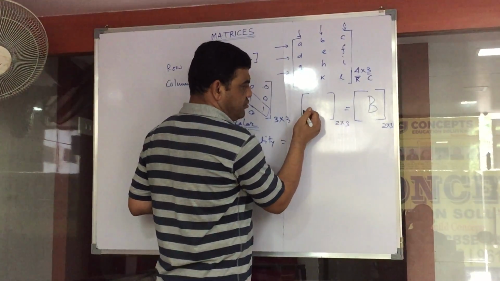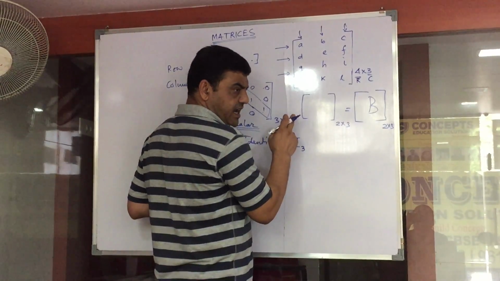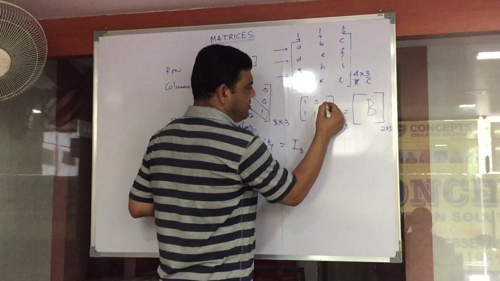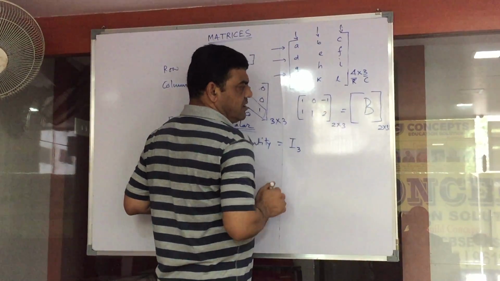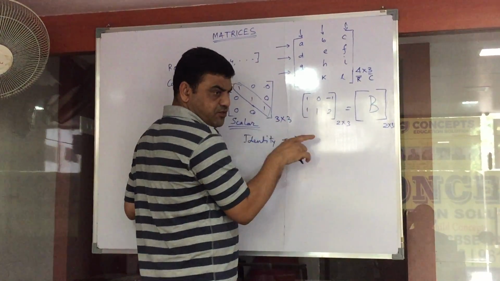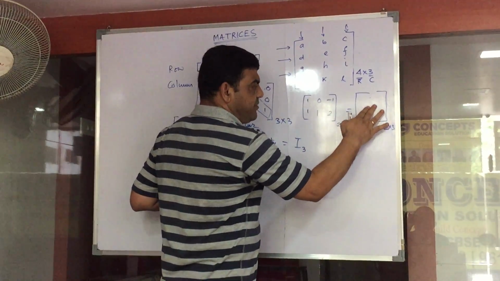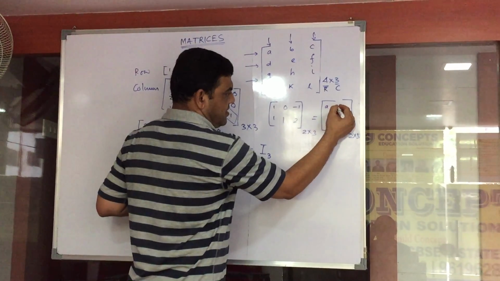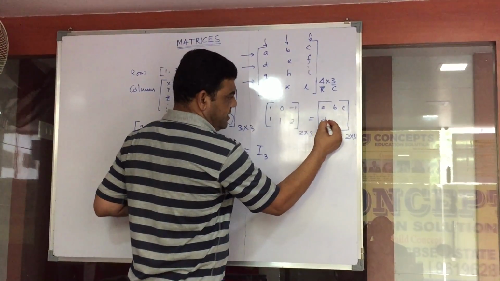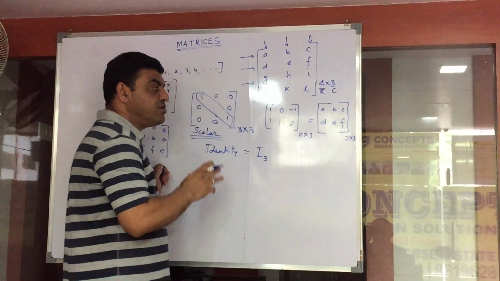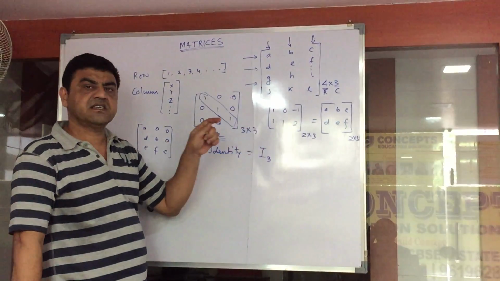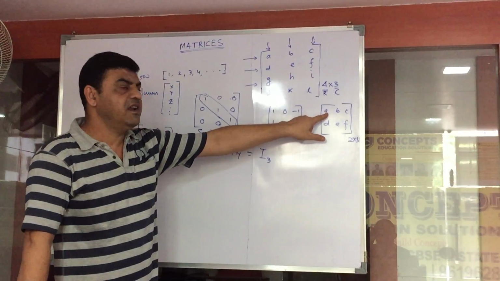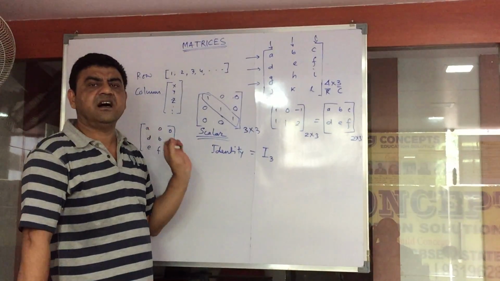Like if I write this as 2 by 3, that means it has 2 rows and 3 columns. So I write maybe 1, 0, minus 1, and so on, a 2 by 3 matrix, 2 rows, 3 columns. Matrix B has to be something similar, like I can write this as A, B, C, D, E, F. When we compare these two matrices for equality, they are exactly equal when the corresponding elements are the same.